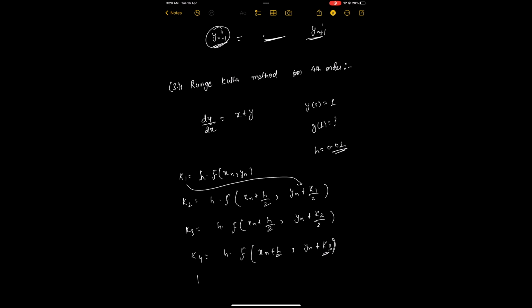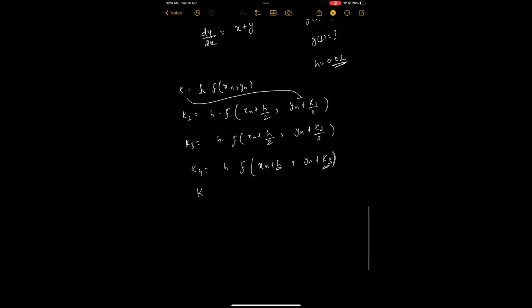From here we get k equals 1 by 6 times (k1 plus 2k2 plus 2k3 plus k4). Here we have 2 in the denominator, so we multiply k2 and k3 by 2.